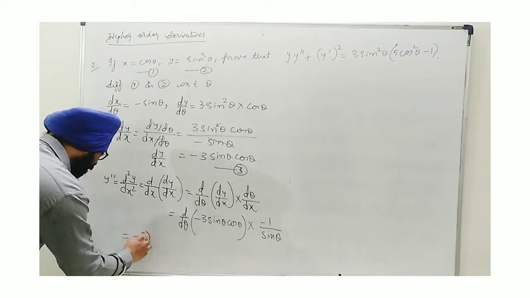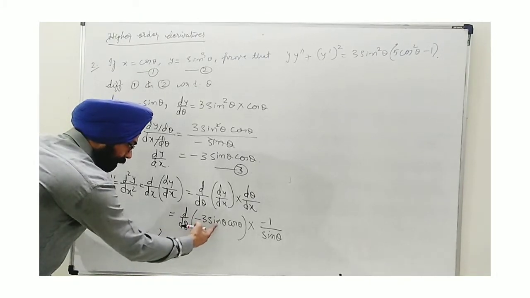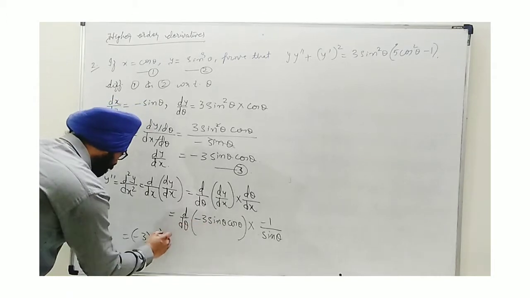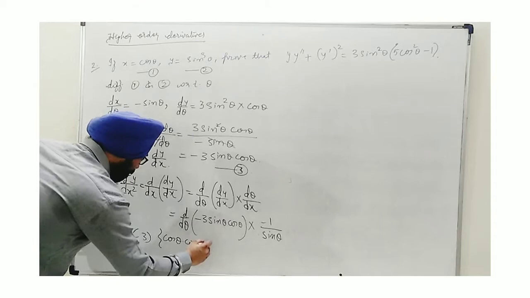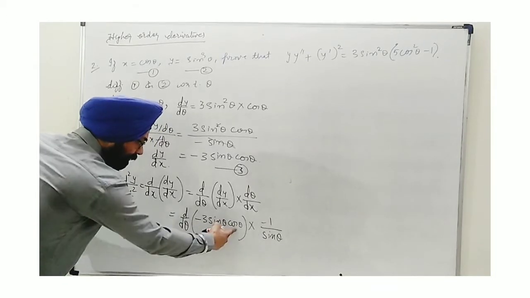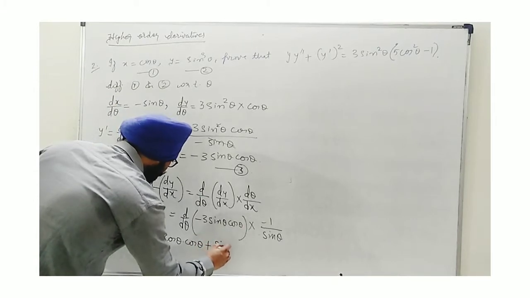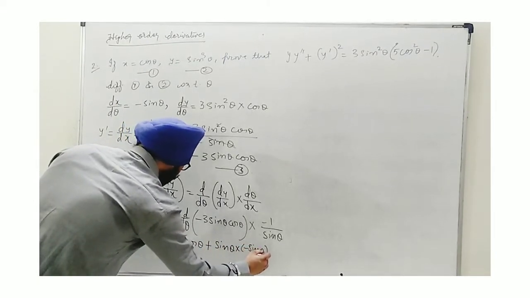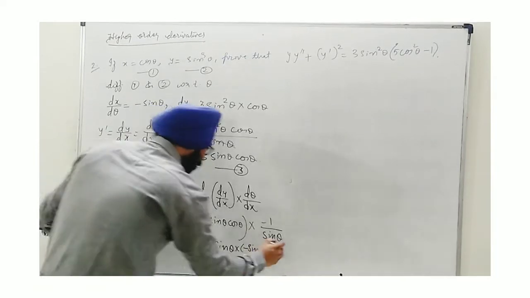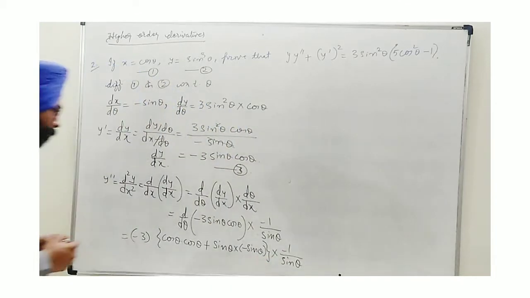We put minus 3 aside, and in the bracket when we do the product rule, we see sin theta, its differentiation will be cos theta into cos theta plus, and cos theta, its differentiation in the second term will be minus sin theta. So it becomes sin theta into minus sin theta, into minus 1 upon sin theta as it is.